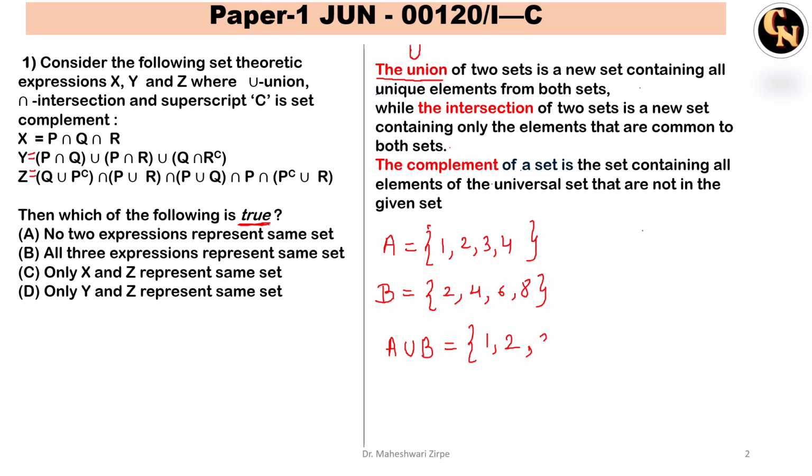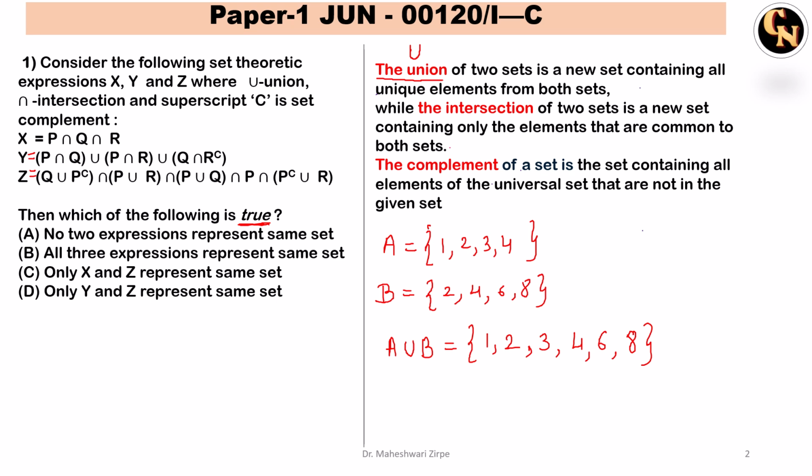Then there is 3, then 4, then 5 is not there, so no 5, but 6 and 8. So union indicates all the elements which are counted one time. Okay. Together we will write all the elements, but only one time.